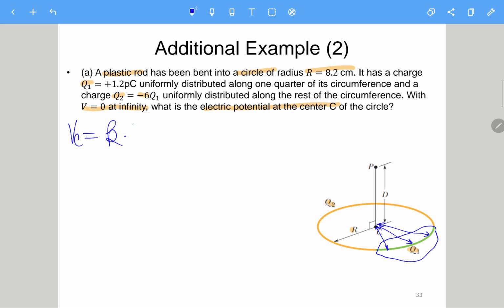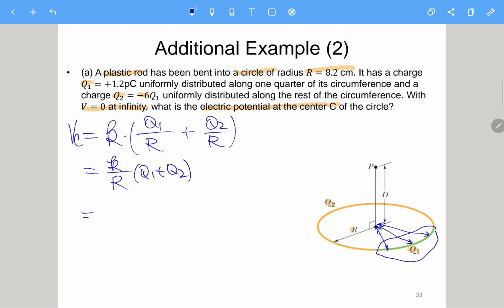So it turns out to be Q1 over R for the green part. And then for the orange part, it is nothing but Q2 over R. So it will be K over R times Q1 plus Q2.